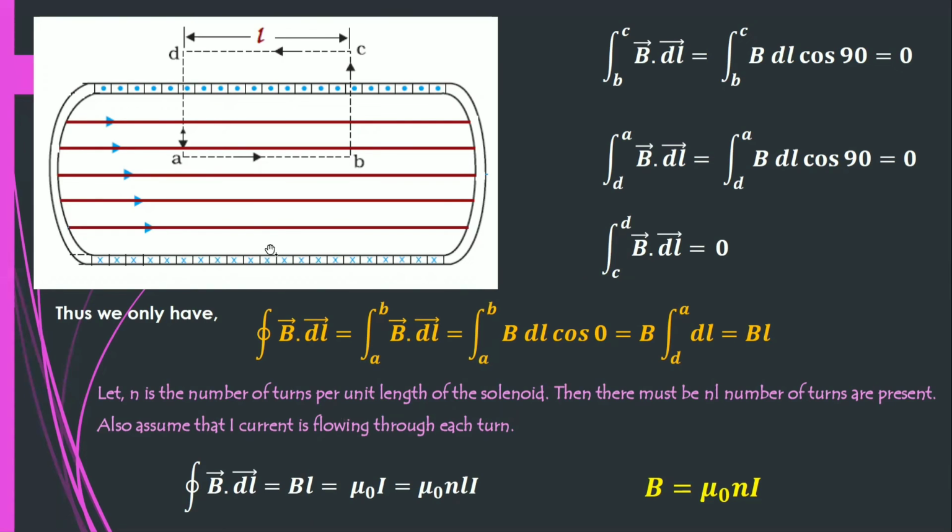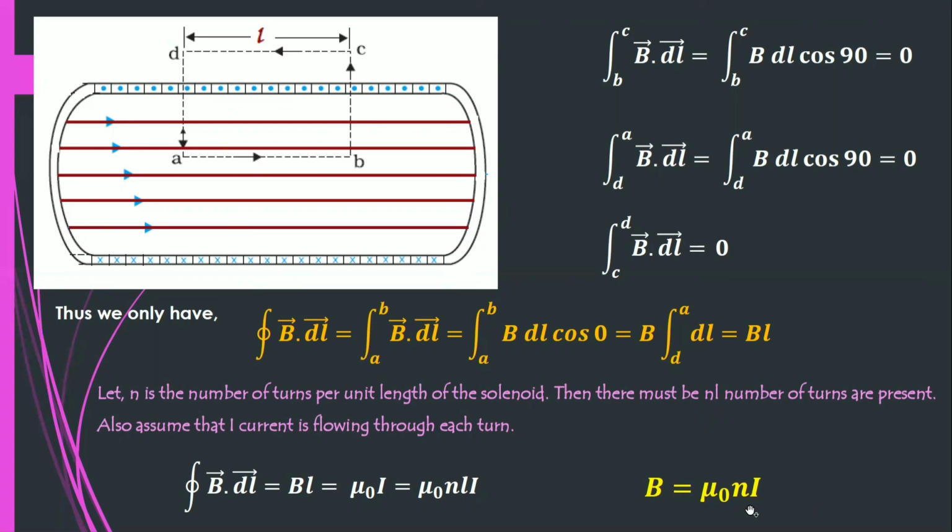Then in length L we shall have nL turns. If current I flows through each turn, then the total current is nL times I. So B dot dl according to Ampere's law is equal to mu 0 times the total current, that is mu 0 nI L. As we obtained B dot dl equal to BL, BL is equal to mu 0 nIL. L cancels out, so we have B equal to mu 0 nI.